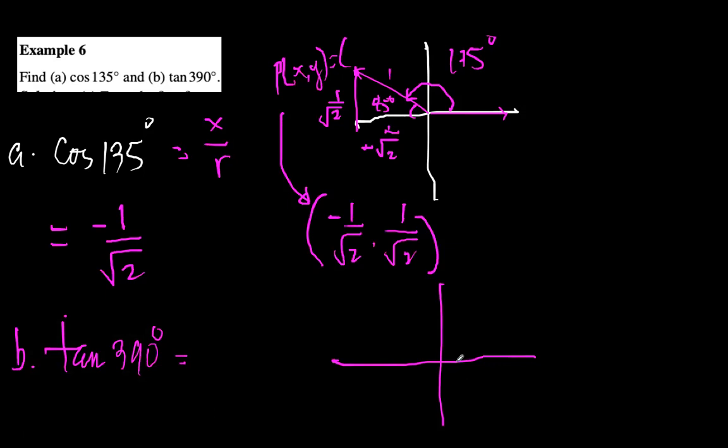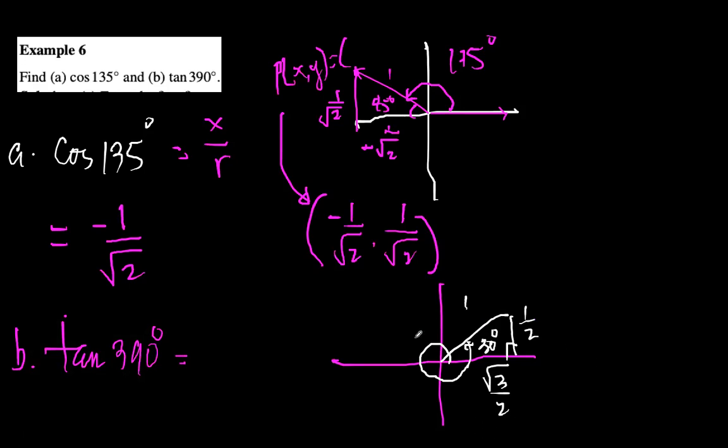Where, class? And what's the reference angle? This is 180, 270, 360. Oh, it's close to 390. So, if this is 360, what's missing is 30 degrees. Therefore, the reference angle is 30 degrees. If it's 30, then it's 1/2 and square root of 3 over 2.